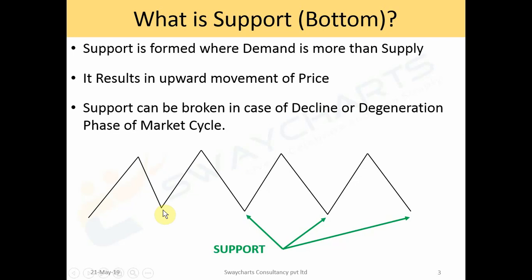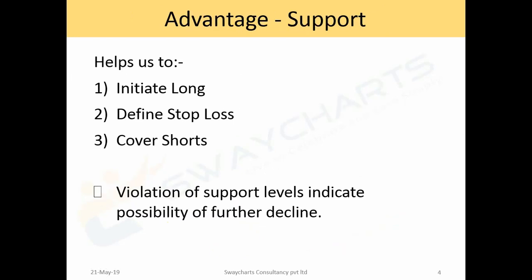The second thing it helps us with is, if the support does not do its job, then we can set a stop loss for that particular trade just below the support line, right? So it helps us to initiate a long position, it helps us to define stop loss, and the third thing it helps us with is to cover our short position.